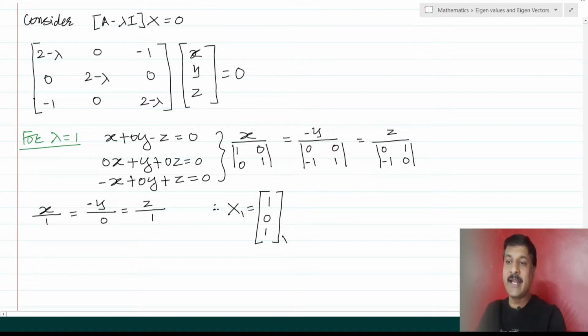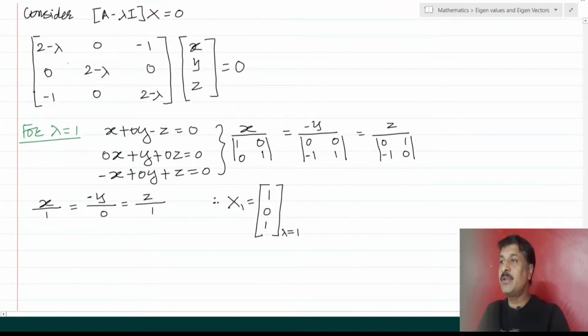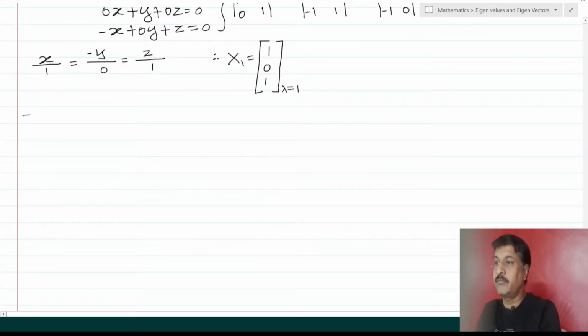So one can write here corresponding lambda value, that is 1. So now lambda equal to 2. You put in this equation lambda equal to 2, which means the second eigenvalue.